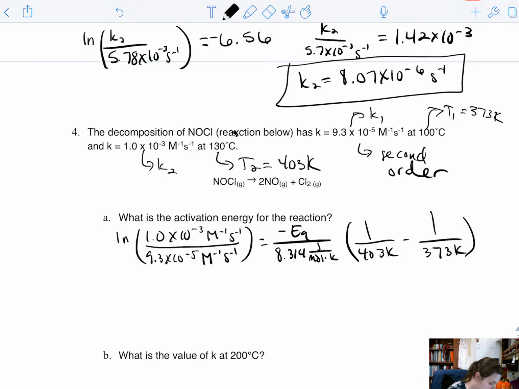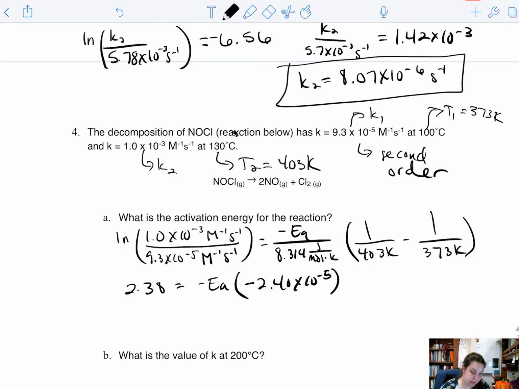My right side, I get 2.38, and then on my left side, I get negative 2.40 times 10 to the negative 5.